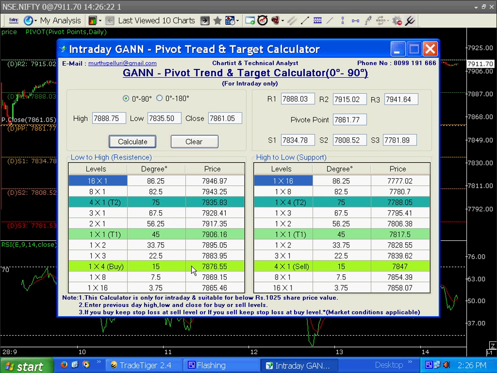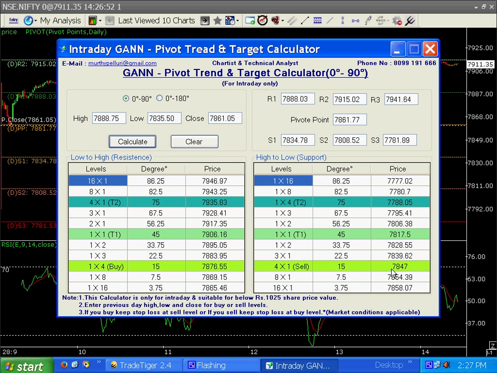If you buy at this level, you are advised to keep the stop loss at the selling level of 4 into 1, 7847, or if that is too long, you have to keep it at 7854 or 7855. Once the Nifty comes down from the 7865 level, we should wait some more time to see whether it will go up or cross this selling level.